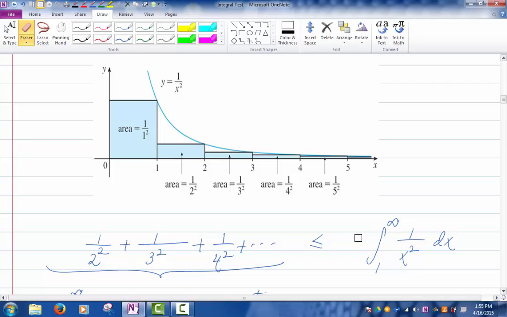So what am I doing here? I know if I look at the integral from 1 to infinity of 1 over x squared dx, that's finite, right? This is equal to 1, right? We saw that. Which means that the area below the graph from 1 to infinity is finite.